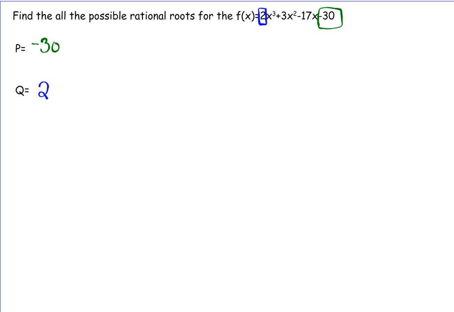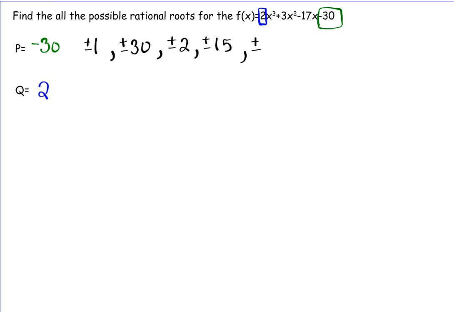The factors of 30: I have plus or minus 1, plus or minus 30. Those are obvious because 1 times 30 is 30. I also have plus or minus 2, and what it multiplies by to give me 30. And I also have plus or minus, and guys, this plus or minus stuff is a big deal because I'm just writing a shorthand of having two numbers sitting there.